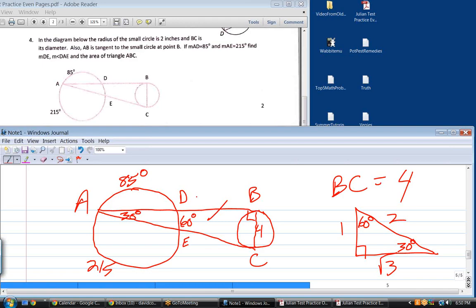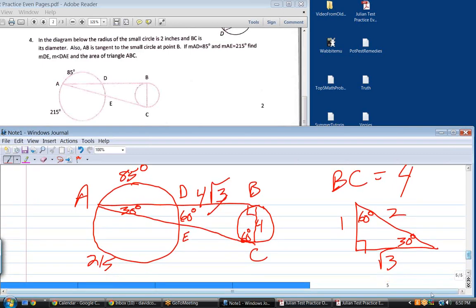It's 4 times root 3. It's this side that's the equivalent side to AB, the side opposite the 60-degree angle. So AB is 4 times root 3. Now I know my area. What's the area of that triangle?